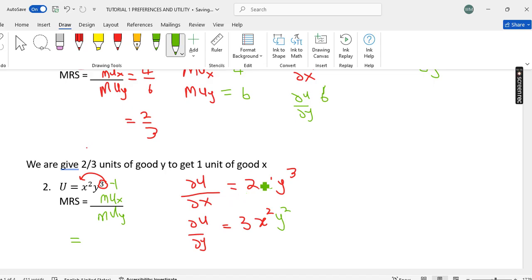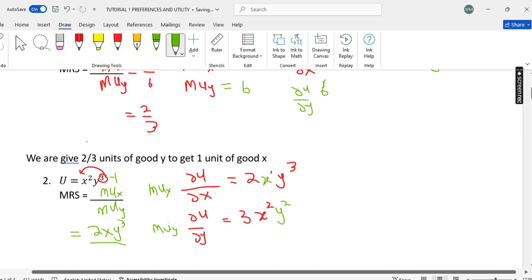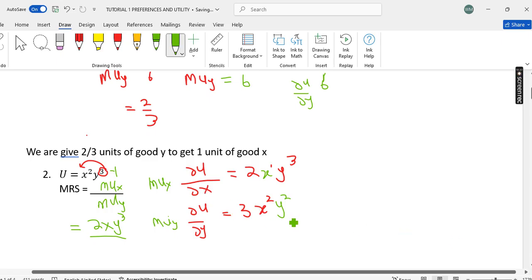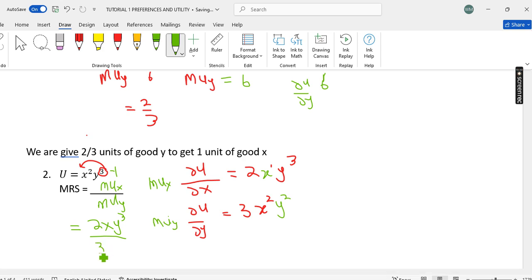Okay, so MUx is 2x y cubed, over MUy, 3x squared y squared. So colleagues, we need to simplify this, alright?